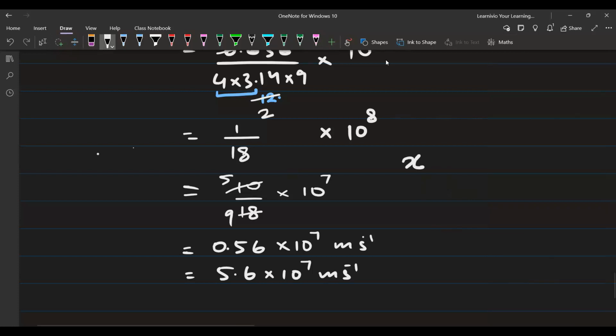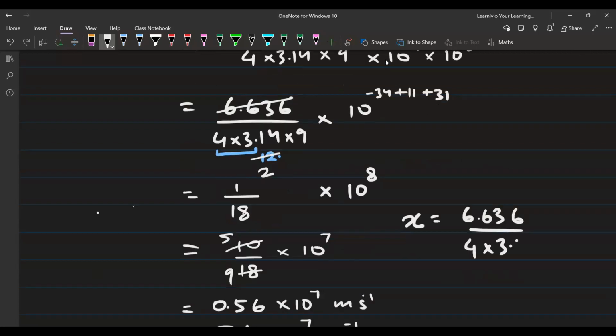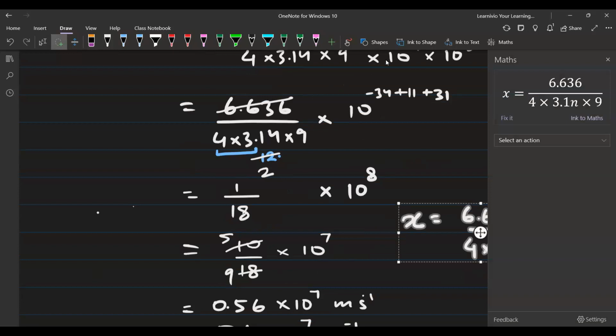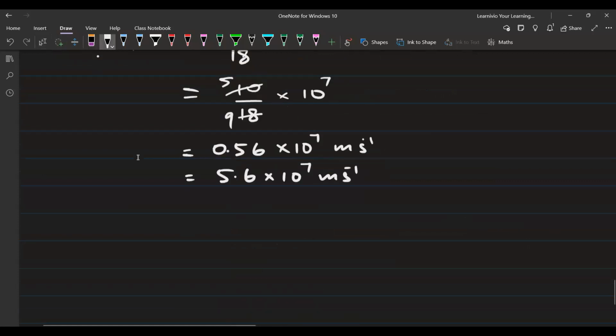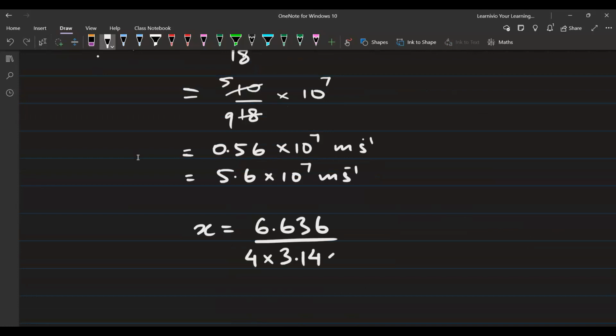Let me see यहाँ किया। फिर देखते हैं इसमें कैलकुलेट करके। x is equal to 6.636 divided by 4 into 3.14 into 9. एन कहाँ से आ रहा है यार? एन तो नहीं यहाँ पे कहीं। I have never tried this. x is equal to 6.636 divided by क्या क्या था? 4 into 3.14 into 9.